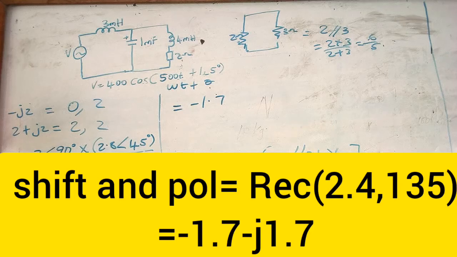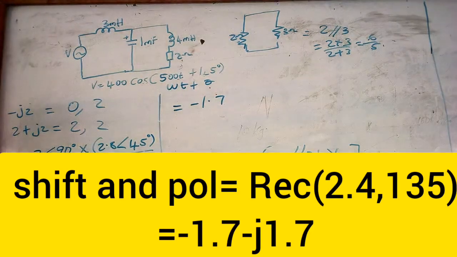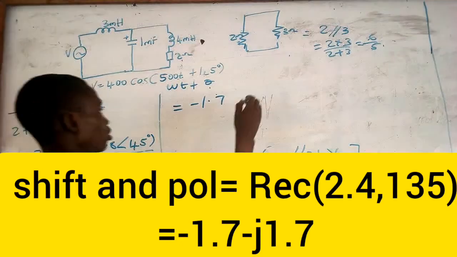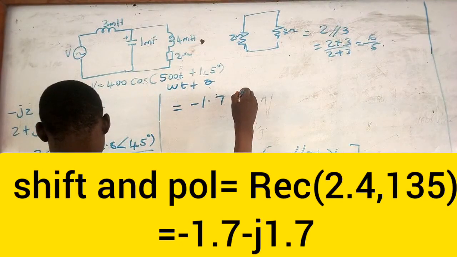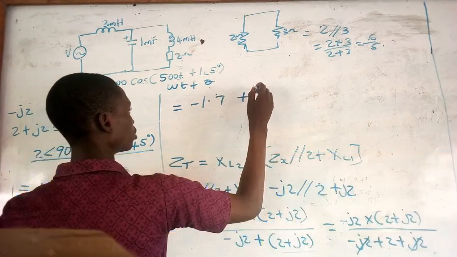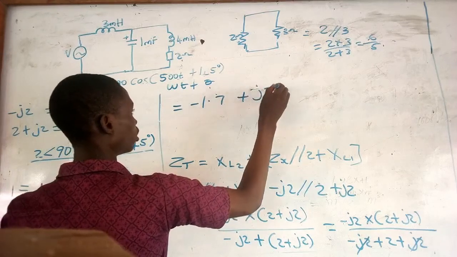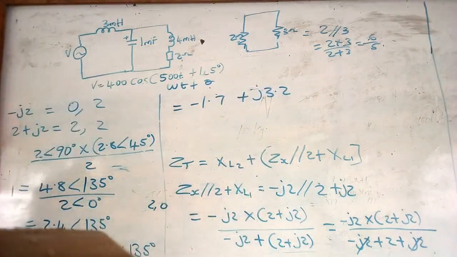It's going to be minus 1.7 first before you add this. 1.5 plus 1.7. 7 plus 5, that will give us 12. That will be 3.2 plus 3.2. Okay. Now with that, what do we do next?